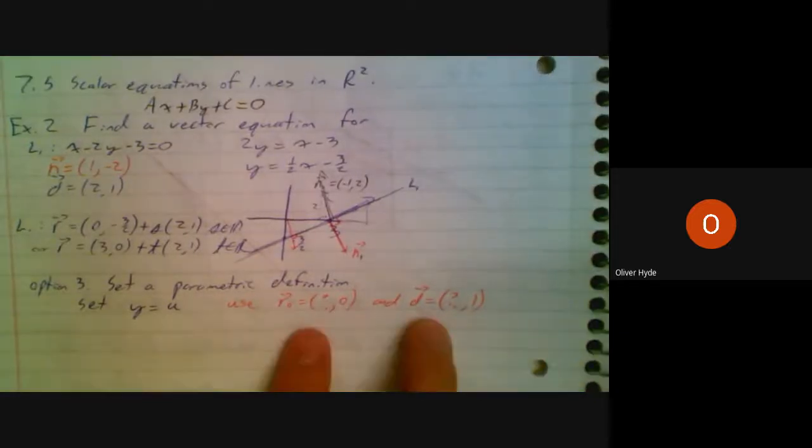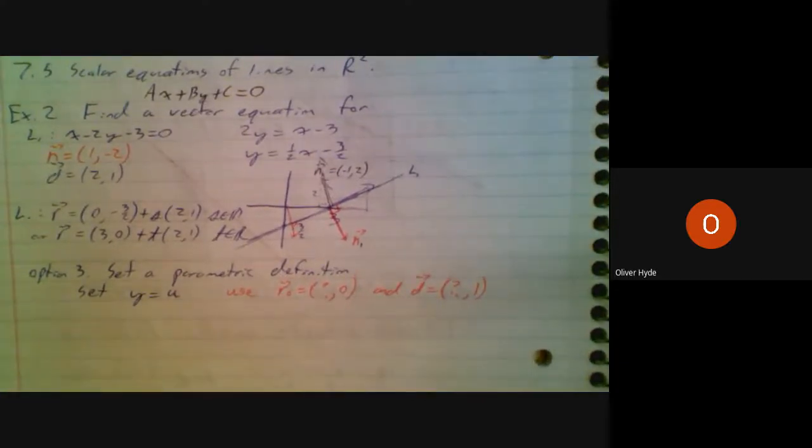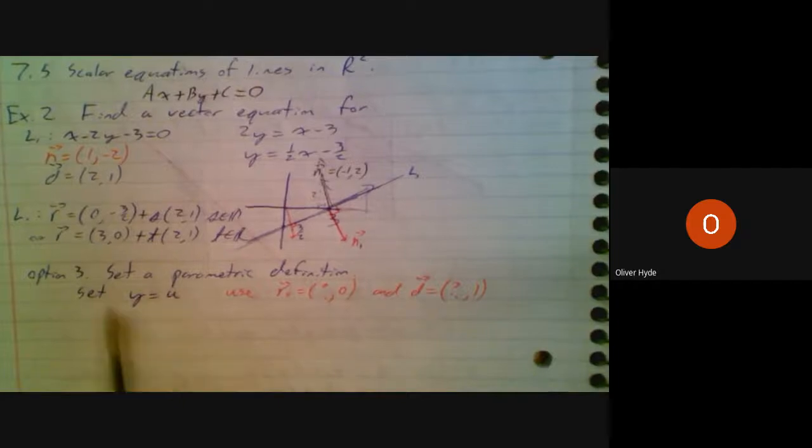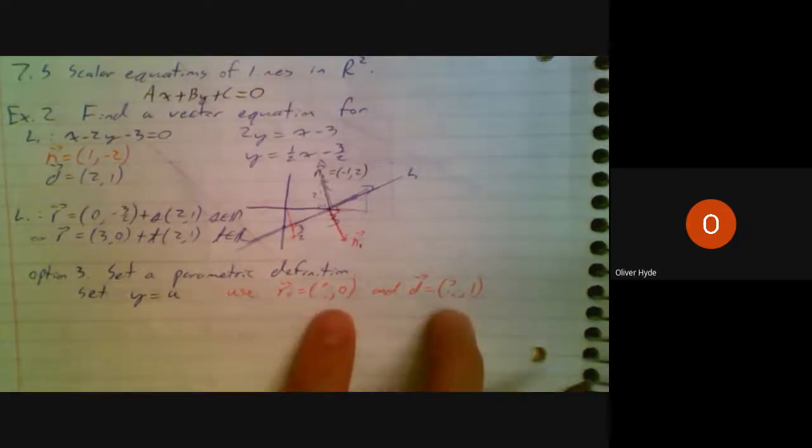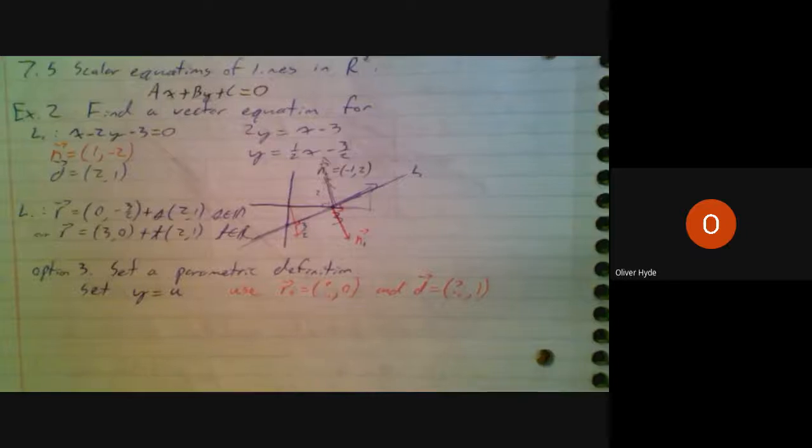I'll point this out later when we get to the parametric equation, the consequences of what I'm doing. It seems like I'm taking an awful lot of liberties here, but I'm actually making 2 decisions and then just discovering the consequences of those decisions.